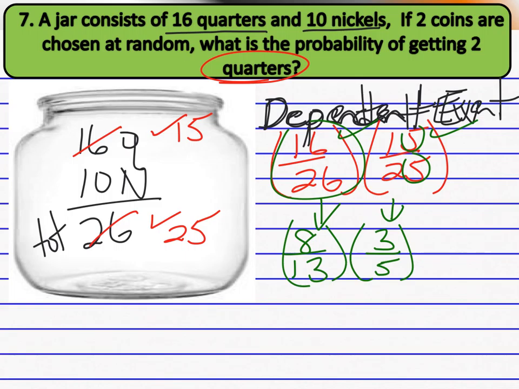Now I just have to do the math of multiplying straight across. 8 times 3 is 24, and 5 times 13 is 65. So our final answer is 24 out of 65 chances of pulling 2 quarters.